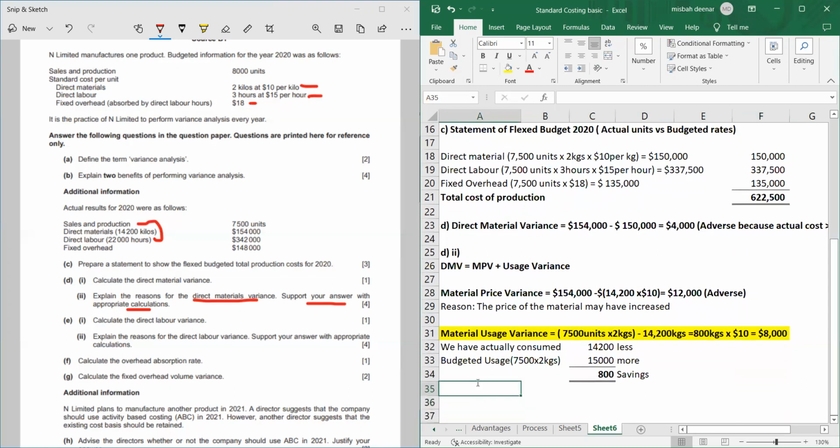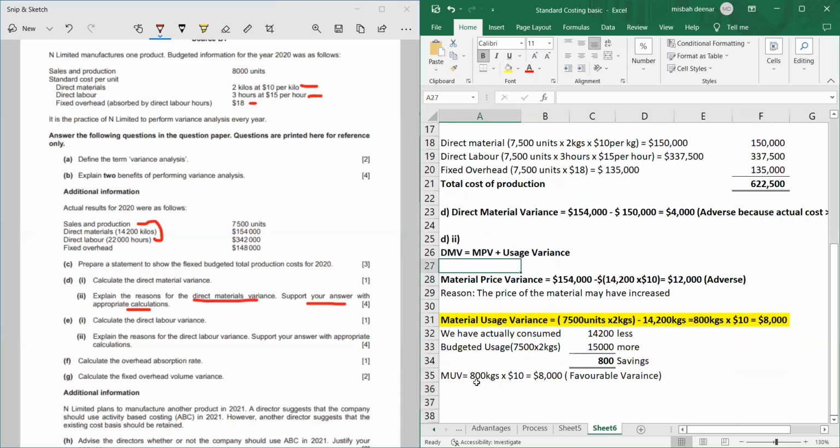So our material usage variance equals 800 kilograms savings multiplied by $10, giving us $8,000 favorable variance.